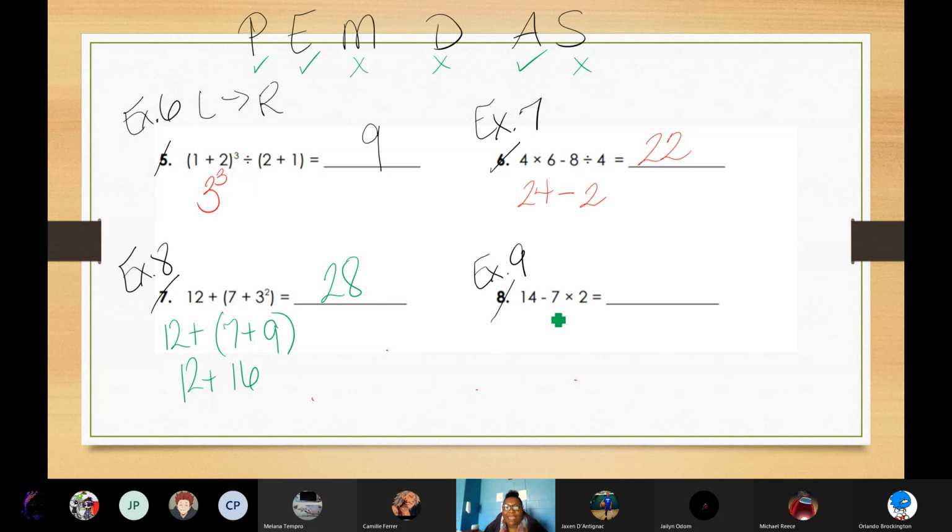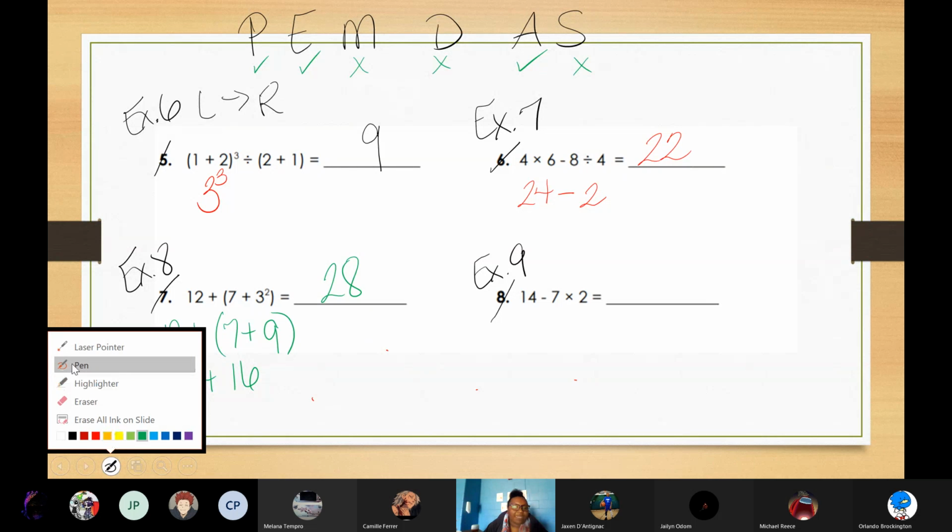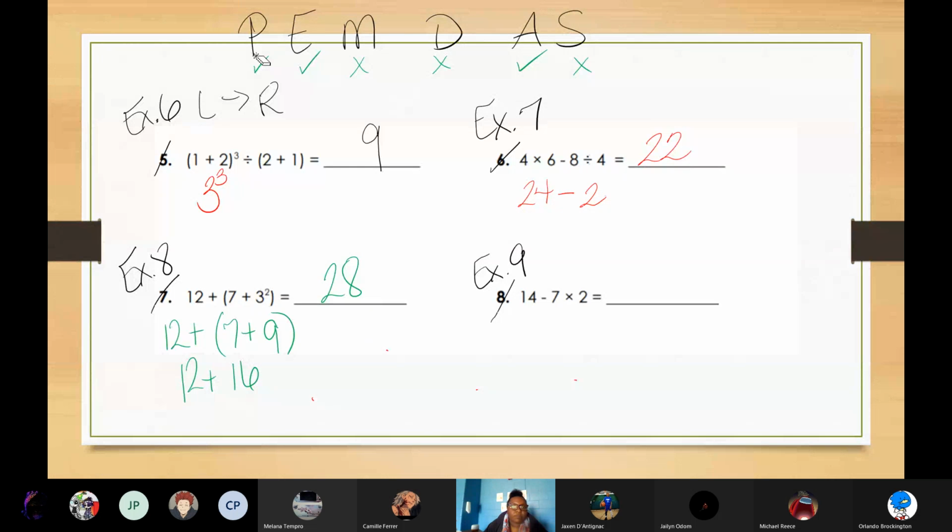Now let's look at example 9. Do you see how I use a checklist up here? And I write it horizontally and not vertically. Horizontally, what I want to be able to do is check off every time I've used up that operation. I also put an X under the operations that aren't there.